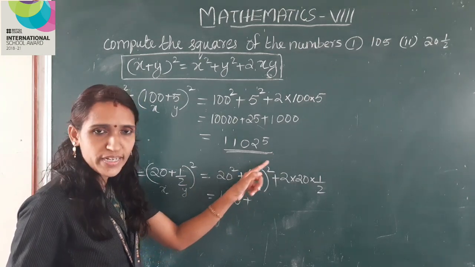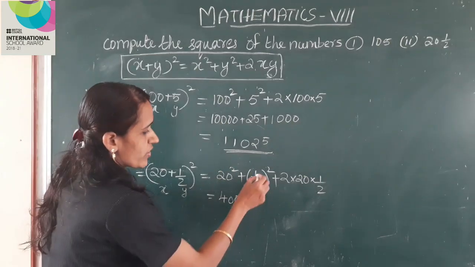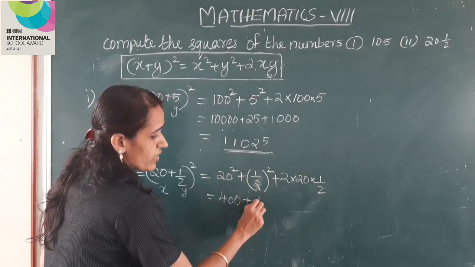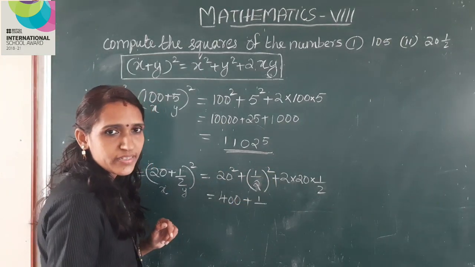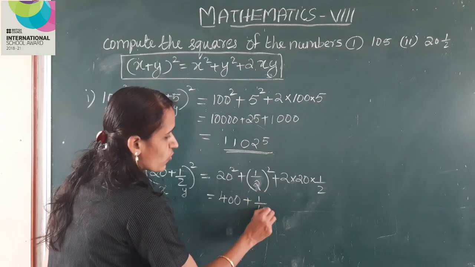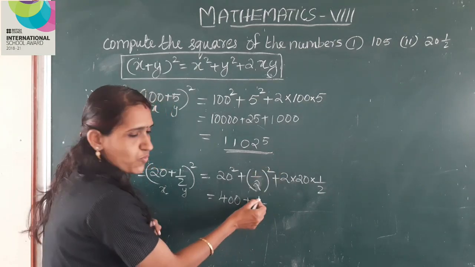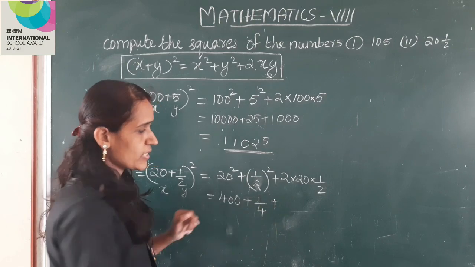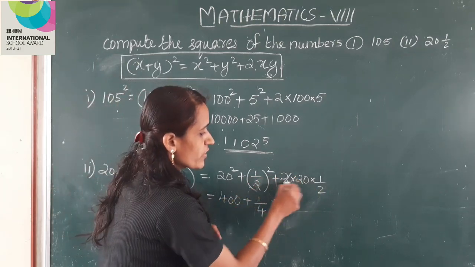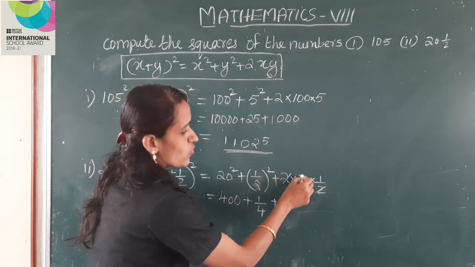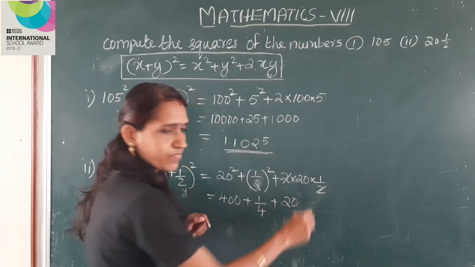Here, numerator square by denominator square. Numerator is 1, 1 square is 1, divided by denominator 2 square is 4. So 1/2 whole square is 1/4, plus 2 divided by 2 is 1, so 1 into 20, 20.